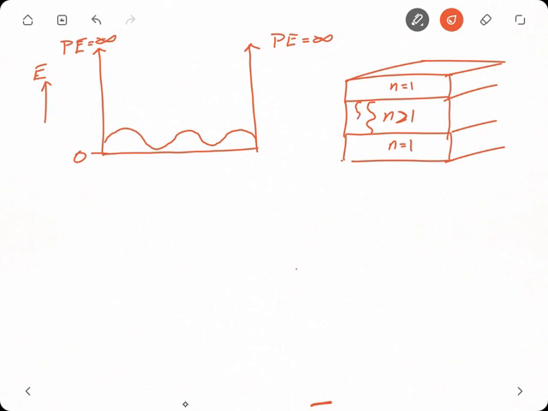You have to have an integer number of half wavelengths fitting inside the thickness of the waveguide region. And I guess I should label this axis here as x going from 0 to a.